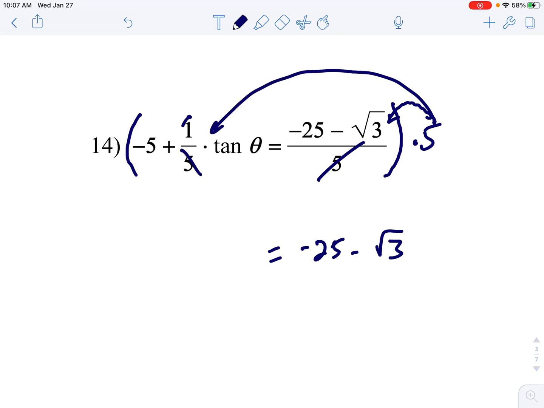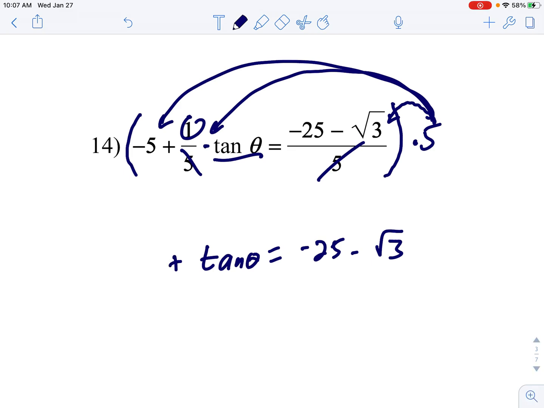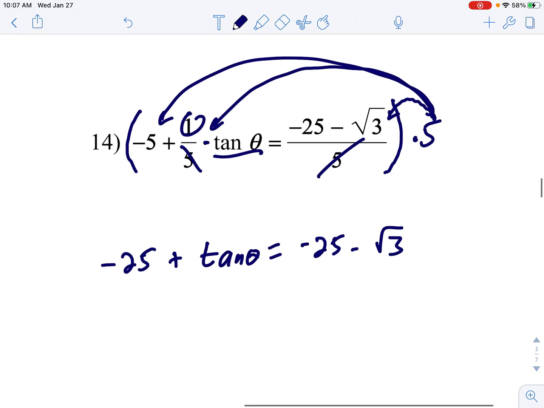We get 1 times tangent theta, which is just tangent theta. And 5 times negative 5 is negative 25. So this whole equation becomes negative 25 plus tangent theta equals negative 25 minus 3. So we clear the denominator by distributing a 5 through the whole thing.